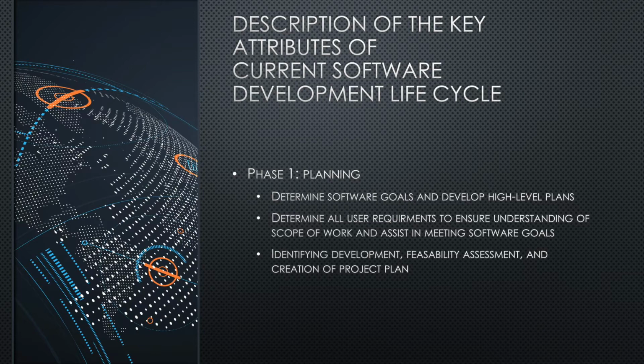The team also determines all user requirements to ensure understanding of the scope and assist in meeting software goals. Identifying development, feasibility assessment, and creation of project plan takes place under the planning phase.